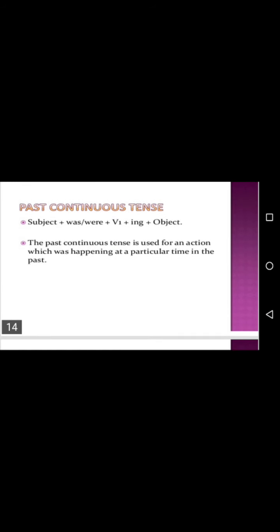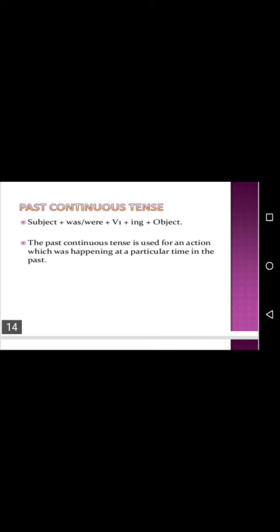Now the next one is past continuous. Again, I will repeat that in all the continuous tenses, for the main verb we have to use V1 plus ing, and only the helping verbs will be different. For present we have talked about which helping verbs we will be using, and in past continuous we'll be using the helping verbs was or were.